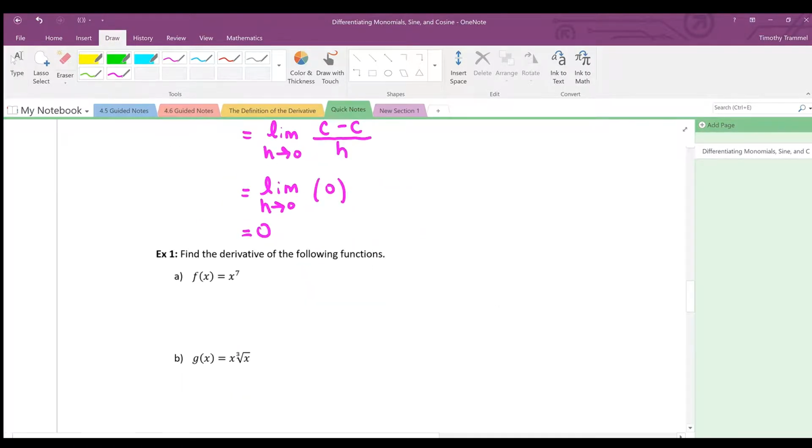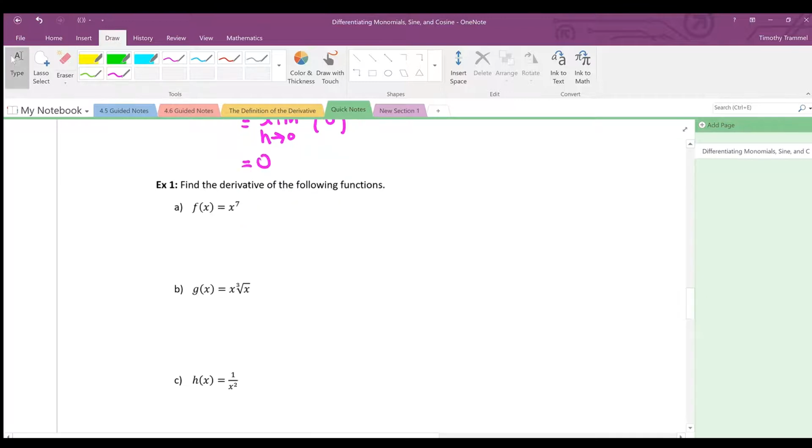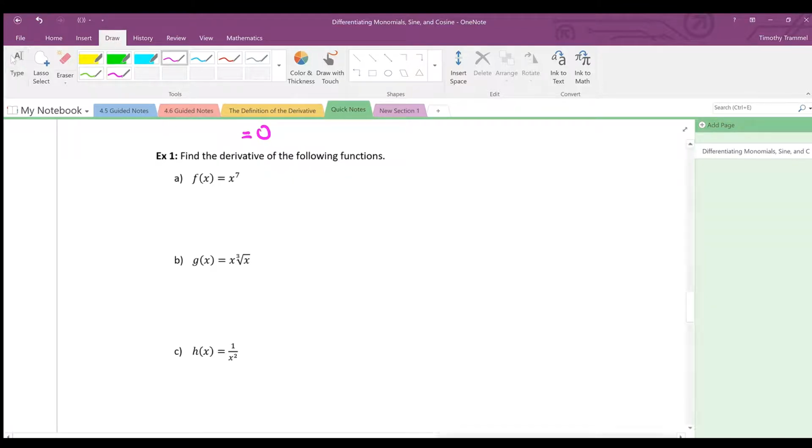All right, now we want to try and apply these new rules. So I'm going to put our power rule over here. If you were to differentiate something that looks like this, x to the n, we'll get n times x to the n minus 1.